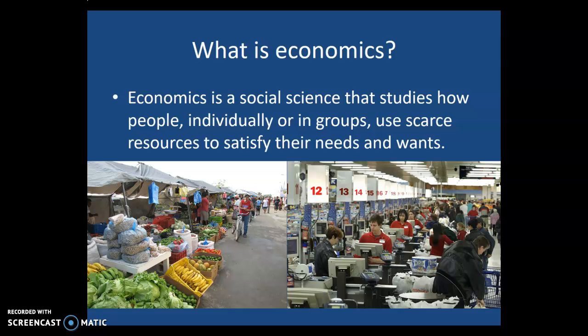First of all, economics is a social science. It is a science, okay? And by that we mean that it uses the scientific method to predict behaviors, okay? So, what's the scientific method? If you take biology or chemistry or any of the sciences that are taught in our school, they all use the scientific method.